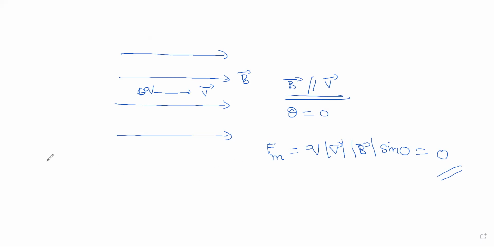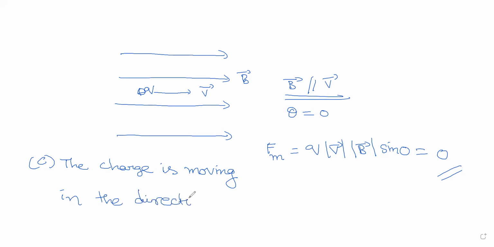This is the case where the charge is moving in the direction of the magnetic field. This is another case where Fm is 0.